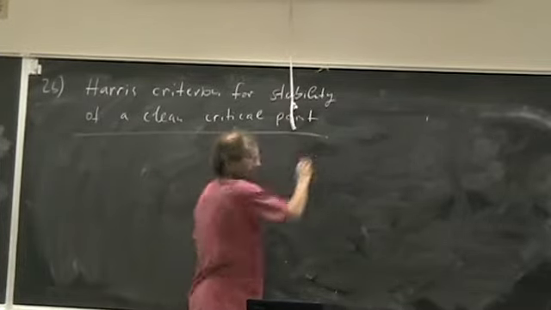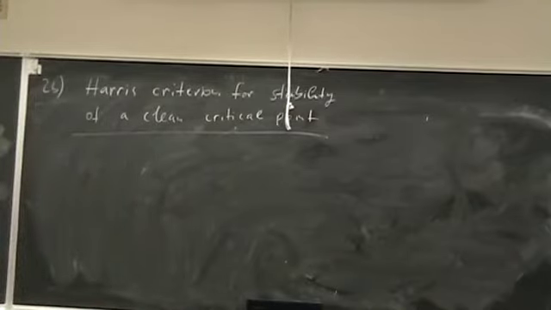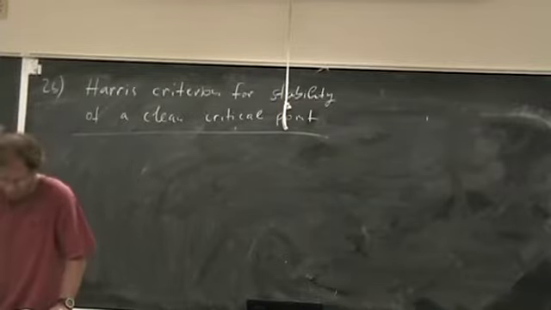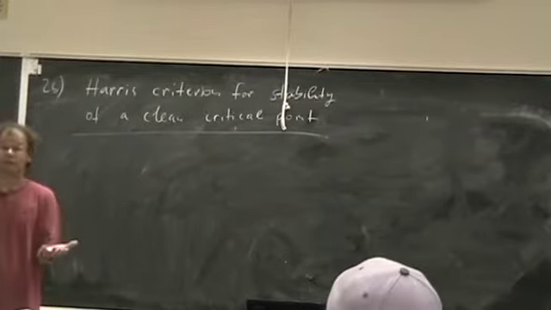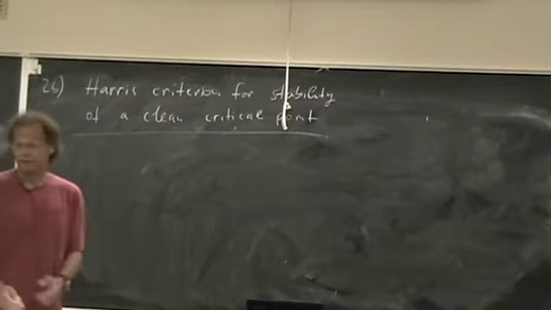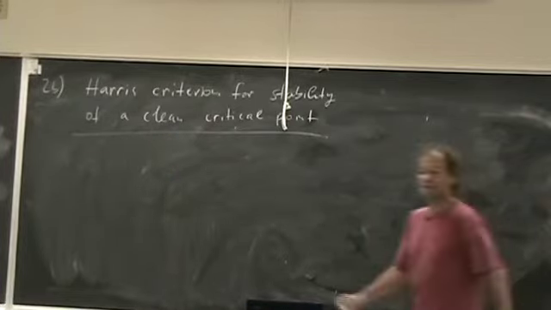Okay, so what is it about? Now let's assume we have a clean system that does undergo a continuous phase transition, so it has a critical point, and it has a certain set of critical exponents, and let's assume we know all that, right? And for example, imagine this, right? Imagine a classical Ising model if you want.